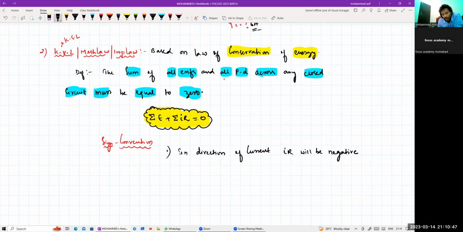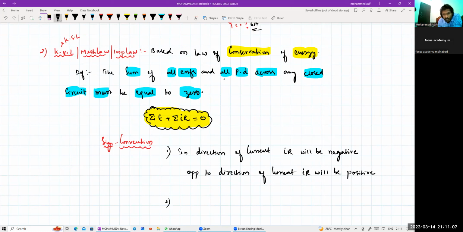Opposite to direction of current, I into R will be positive. Same direction में जा रहे हो तो negative, opposite direction में जा रहे हो तो positive.